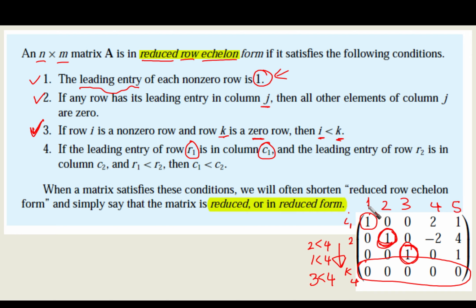And the leading entry of row 2, which is R2, is in column C2. If R1 is less than R2, as we are saying here, this is the first row R1, and this is R2, then C1 must be less than C2.